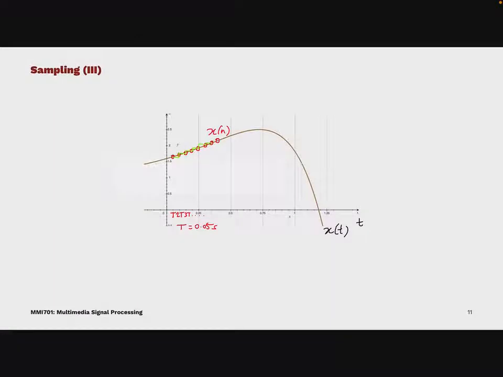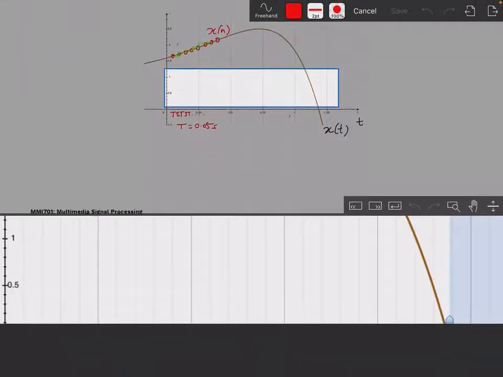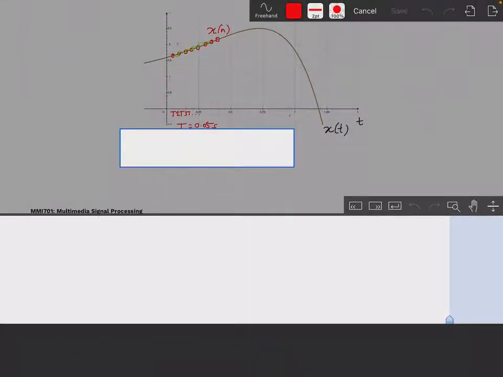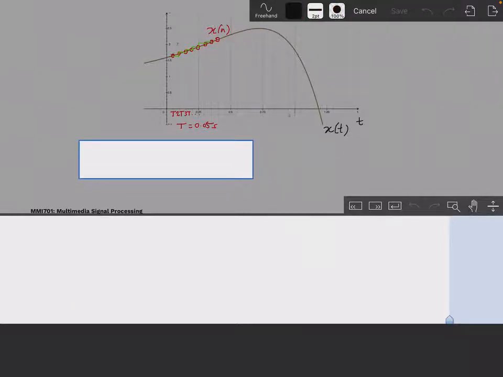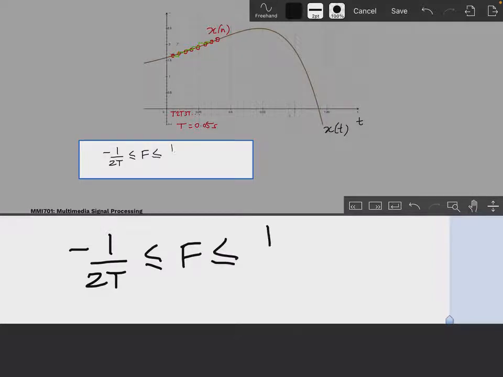Now, some important properties about how the frequency of our analog signal maps to the frequency of our discrete time signal, the normalized frequency. So let's just write these relations here. For the analog signal, we have -1/2T less than or equal to f less than or equal to 1/2T.